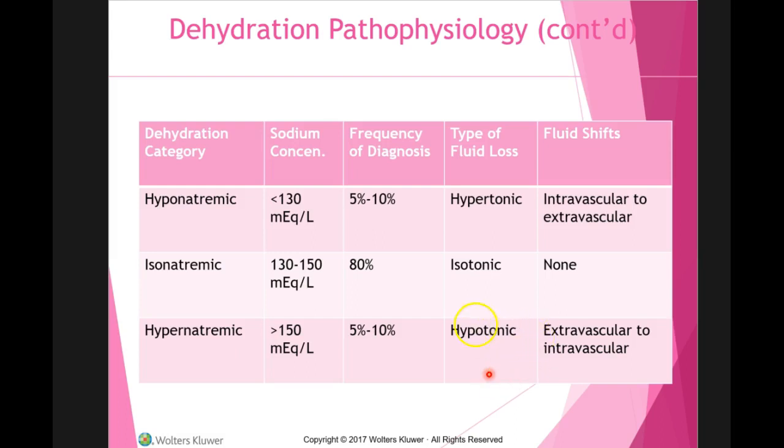This one tends to be less unbalanced, I guess is the best way to say it, because if you think about it like this, the fluid shifts from the extravascular space into the intravascular space. So the person is less likely to exhibit signs and symptoms of dehydration, if that makes sense. We could talk about it more in class if it doesn't.